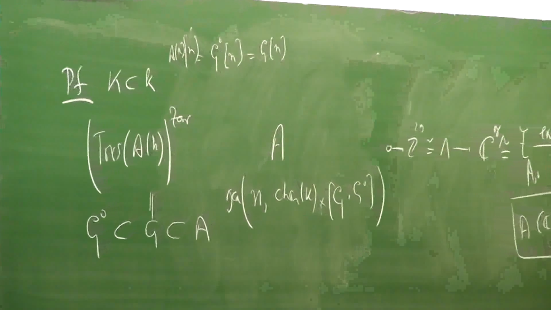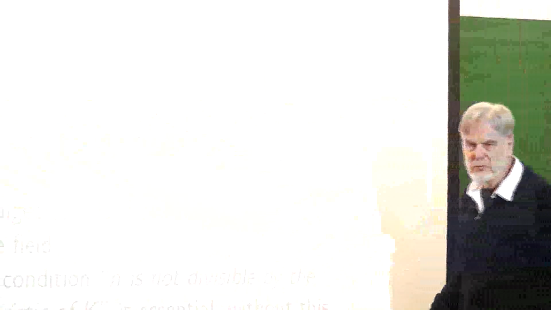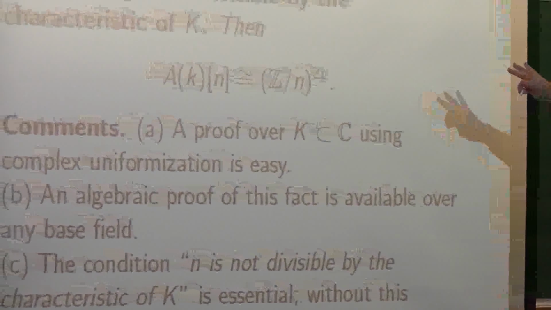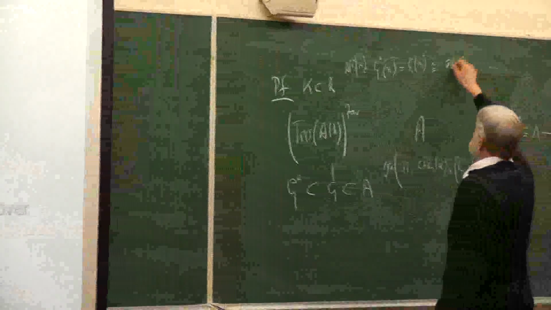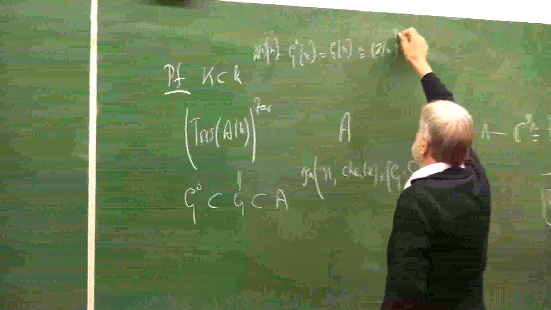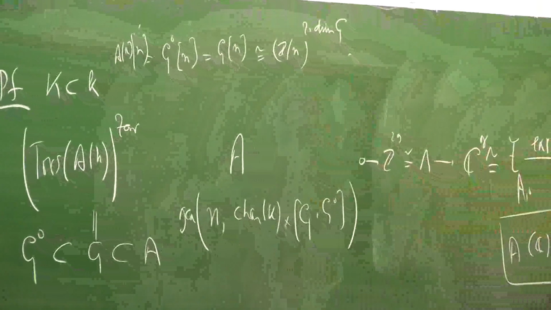Now I go back. There's a theorem which says that the N-torsion points are (Z/N)^(2g) for an abelian variety of dimension g, if that number N is not divisible by the characteristic. So we know that this group is isomorphic to (Z/N)^(2 times the dimension of G) on one hand.